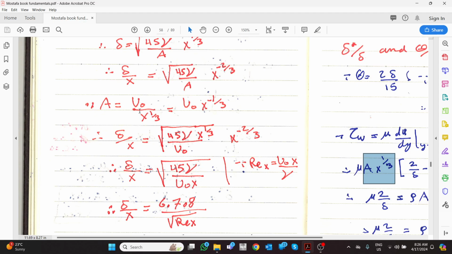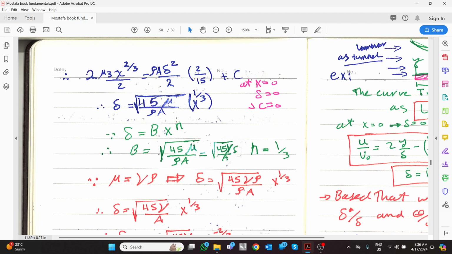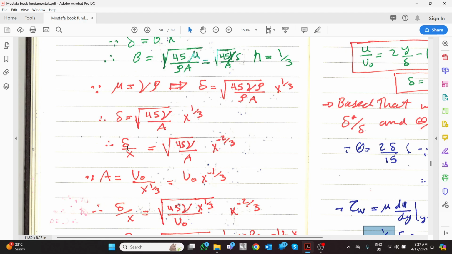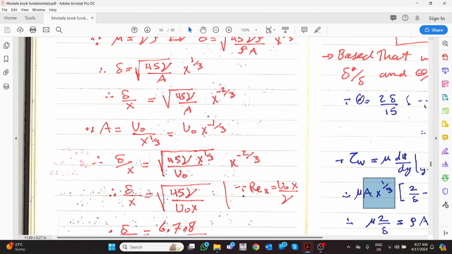We don't want the A, we need it as a function of u naught. So when you start to manipulate it again, we will find delta over x, because delta over x will be x to the power minus 2 over 3. Try to manipulate it, try to keep an x under the root.